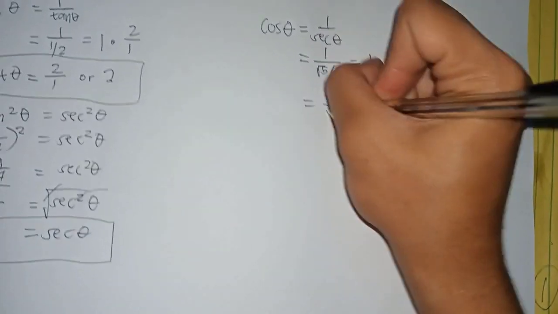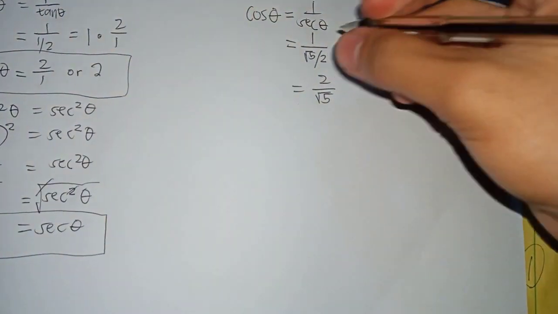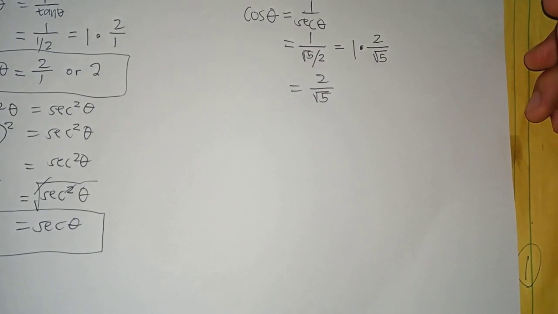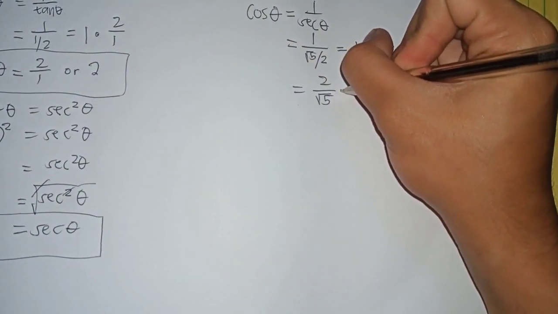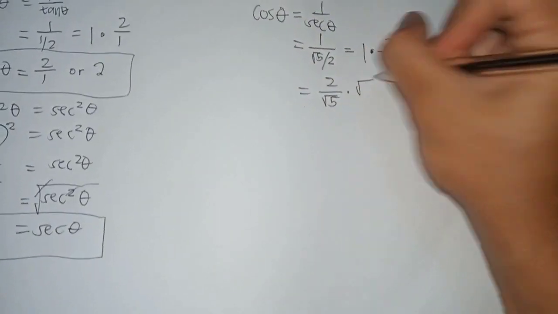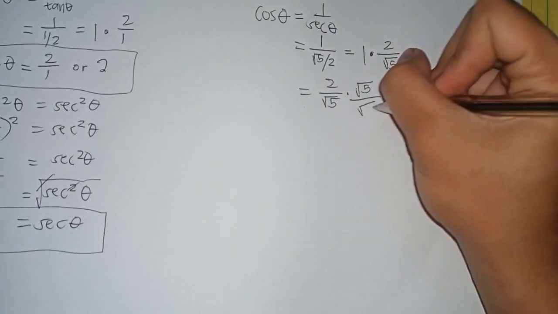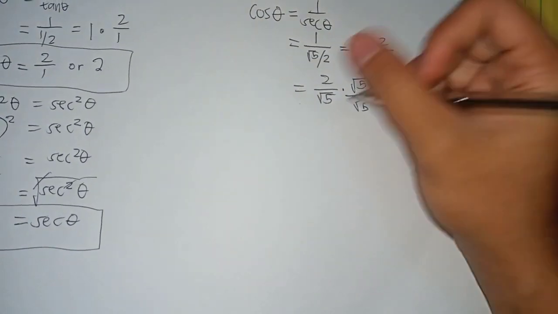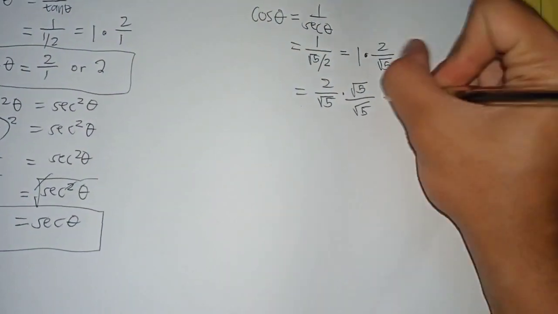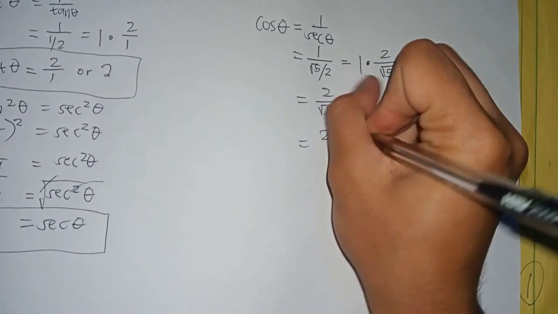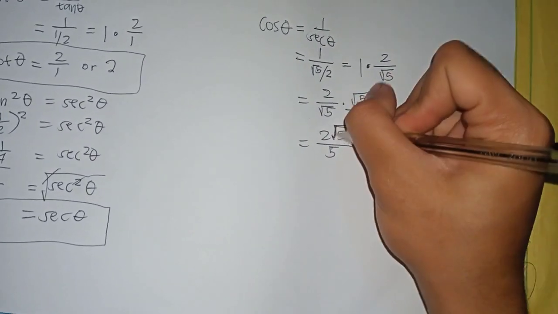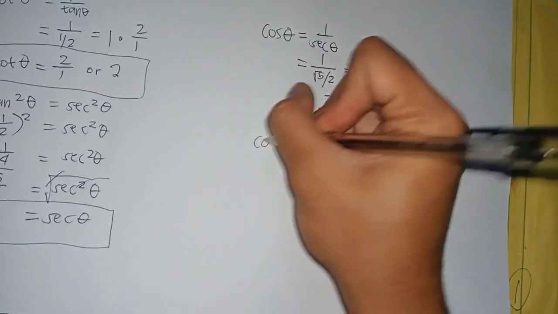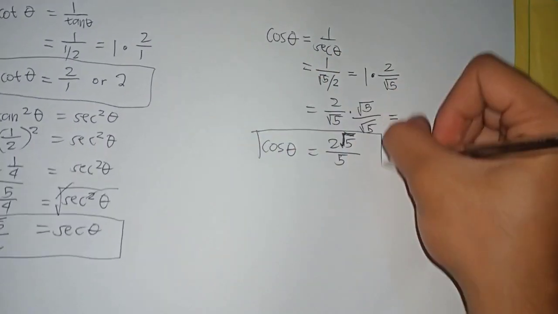We are going to rationalize this because the denominator is not allowed to have a radical. So rationalize, we have 2 square root of 5 over 5. So this is going to be our cosine theta.